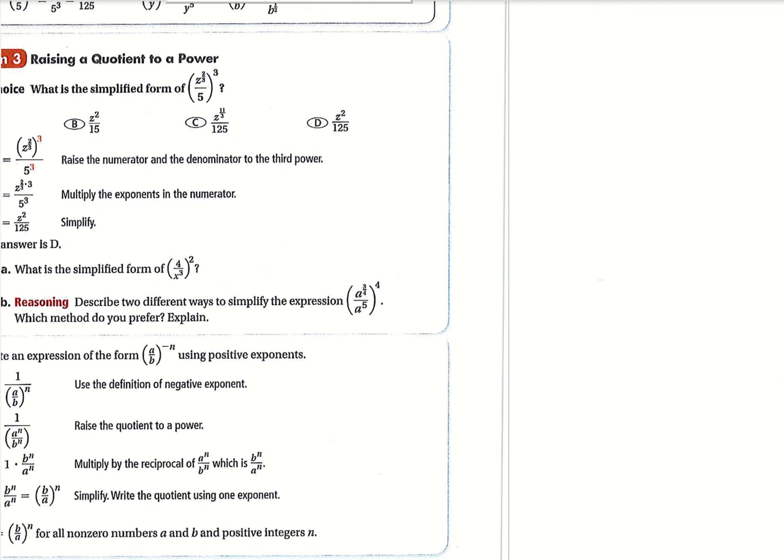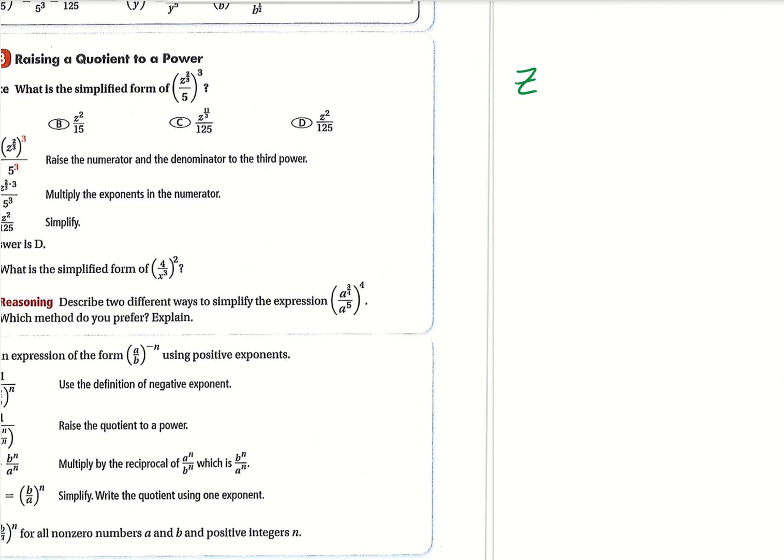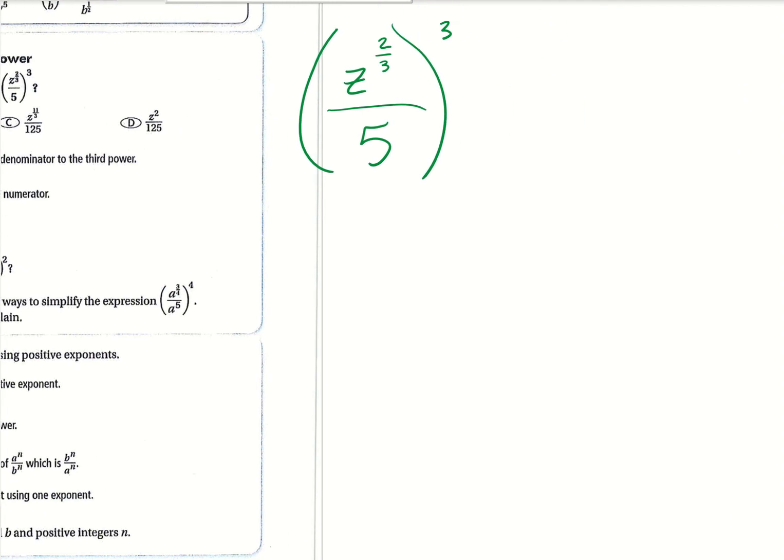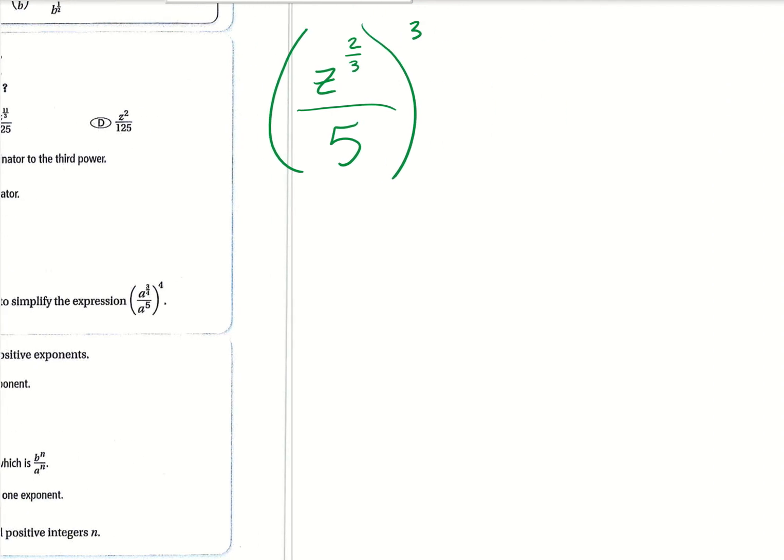Okay, so problem 3, we've got z to the 2/3 power over 5, and all of that raised to the power of 3. We talked about this in 7.3 with multiplication, and this is what we do when we have division. It's pretty similar.